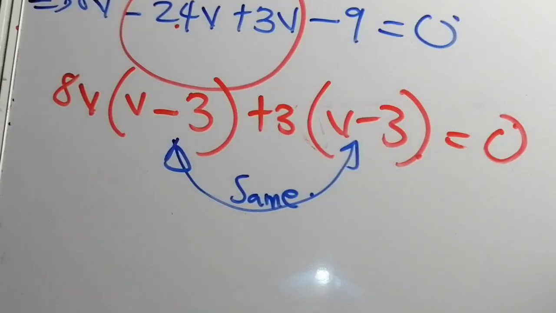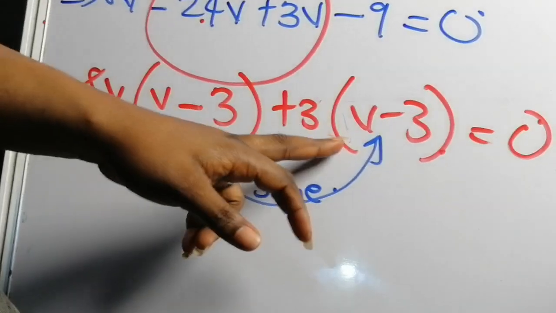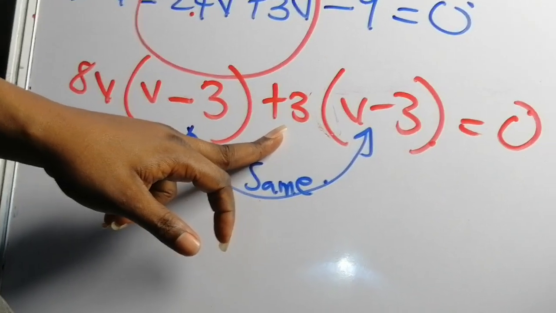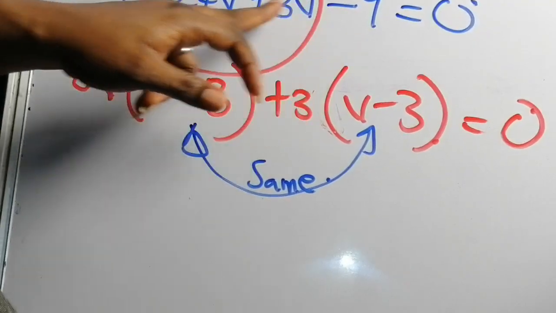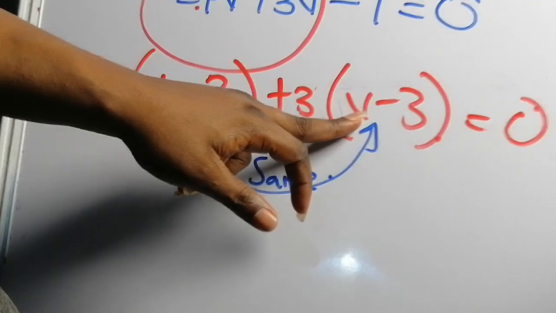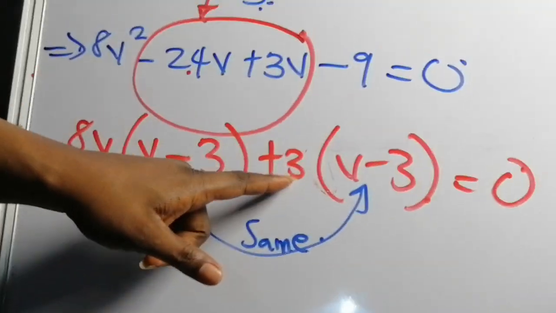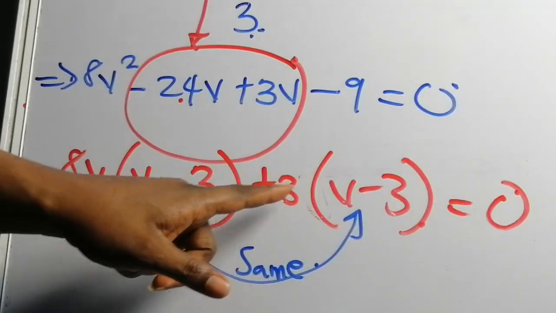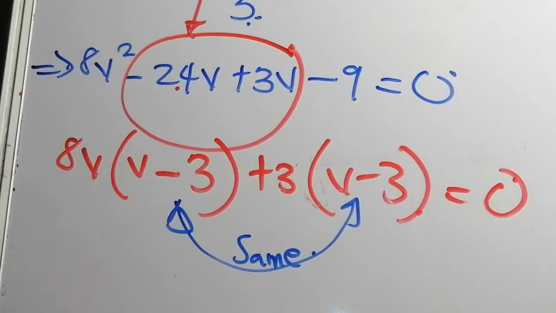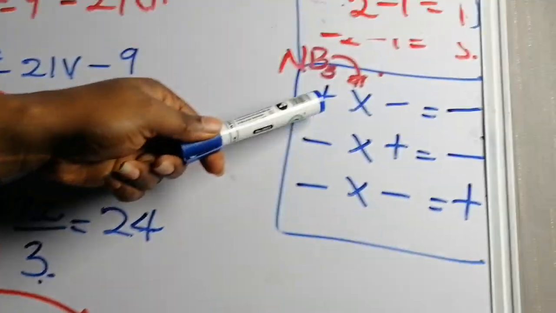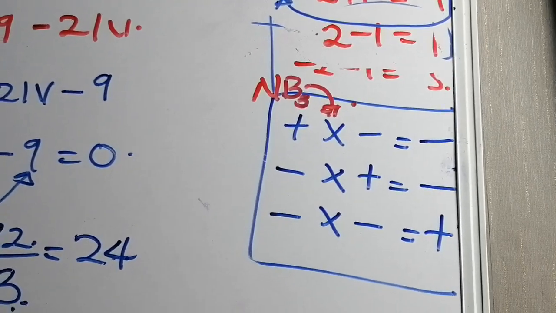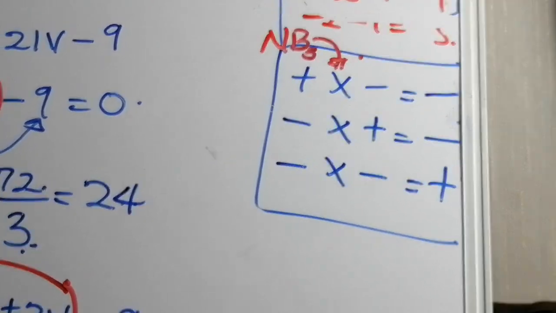So if I put v minus 3 here, the only thing I can put here is 3. 3 times v is 3v. 3 times 3 is 9. Plus times minus is minus. That is when note 3 is coming out. You see that those notes are very, very important.